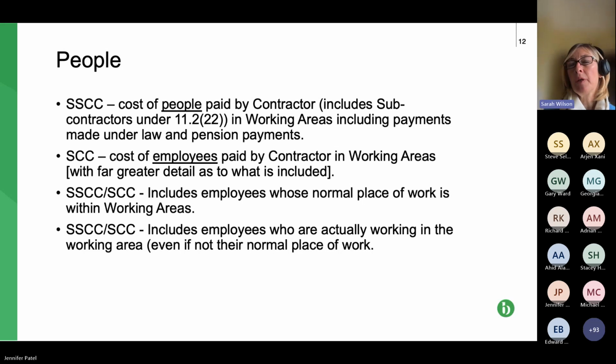It's defined within the contract data part 2, so the contractor or the subcontractor defines it. Typically, it would certainly include the site, because clearly you would want to include the cost of the people working within the site. It might include an extra piece of land adjacent to the site or near to it, which might be used for site setup, for example.